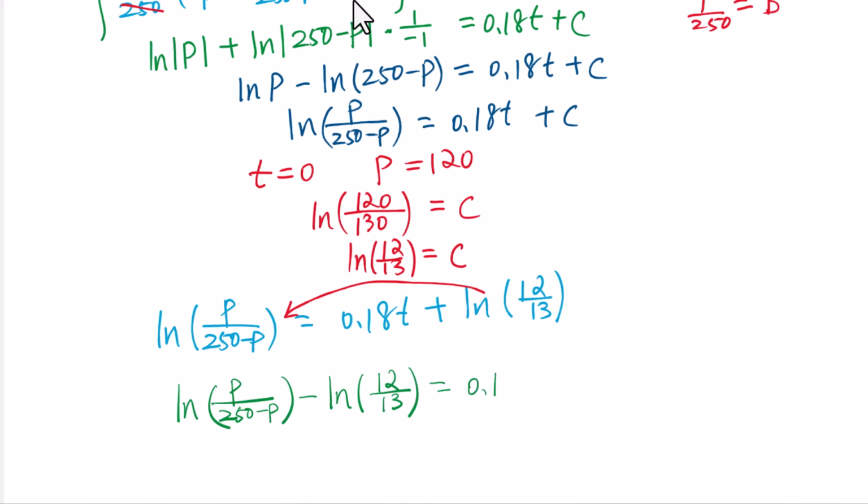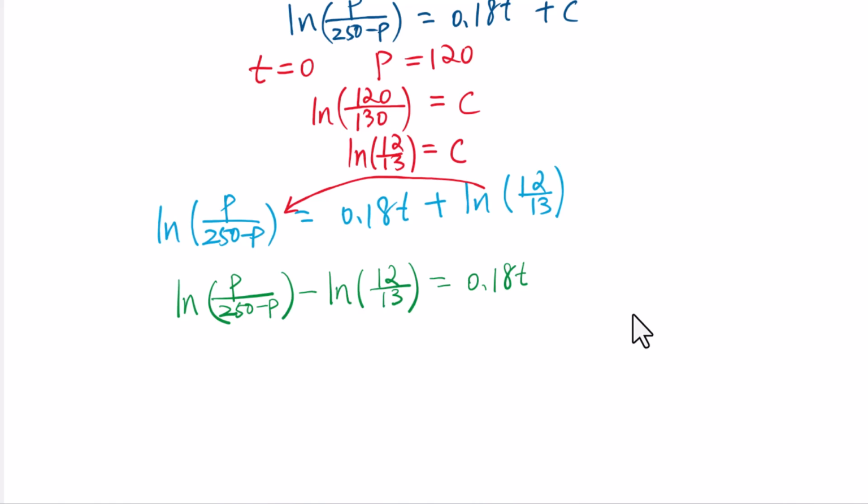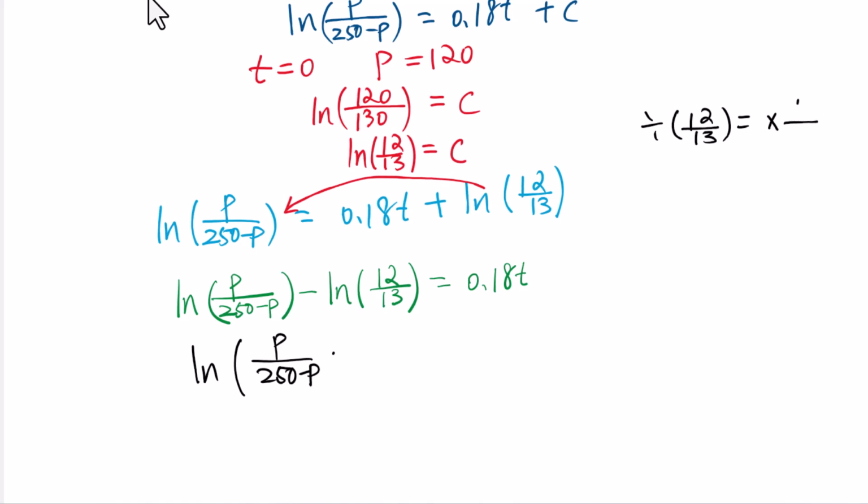Condensing, natural log of P over (250 minus P) divided by 12 over 13, which means times 13 over 12, equals 0.18t. Put e as the base on both sides.